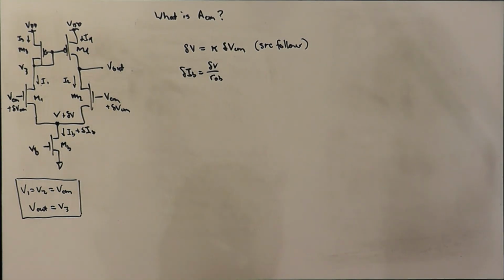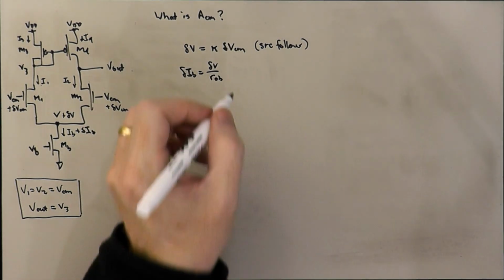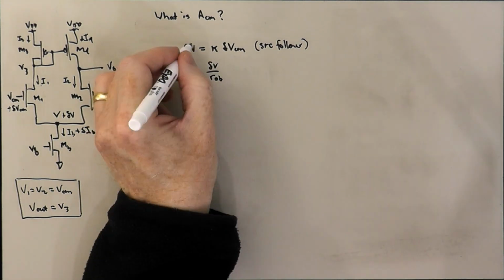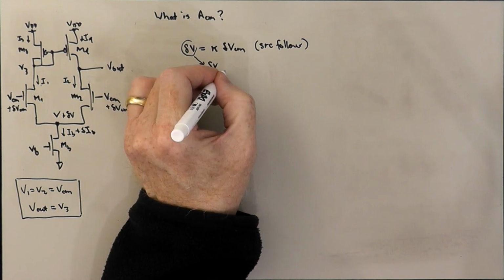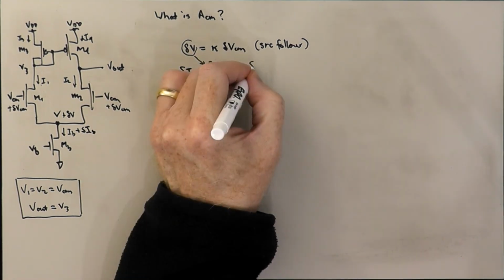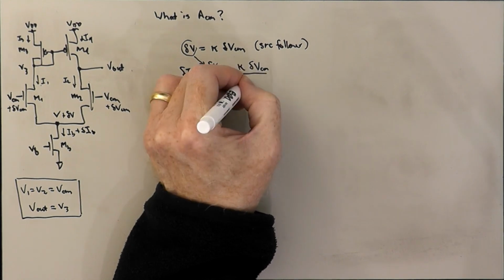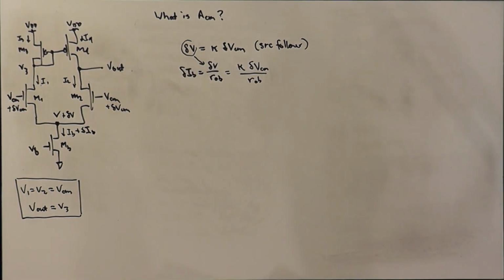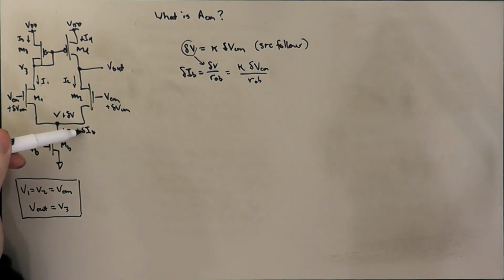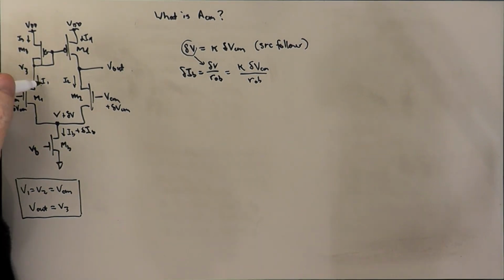Or times the slope, actually. The slope is 1 over ROB. And so we can substitute this in here and write this as kappa times delta VCM over ROB. Well, what happens to this increase in IB? Since the two transistors in the diff pair are splitting the bias current 50-50, I1 and I2 will also have to split that increase in IB 50-50.